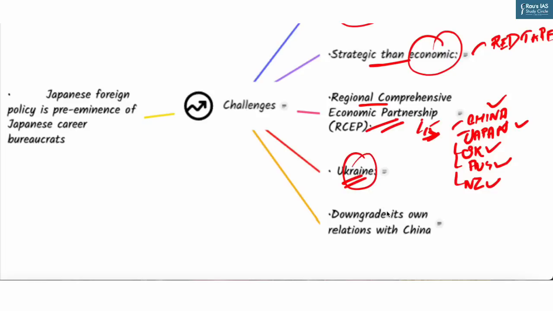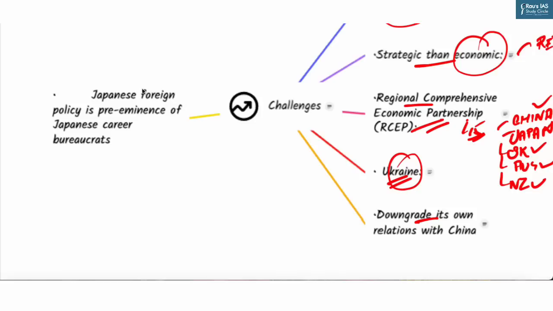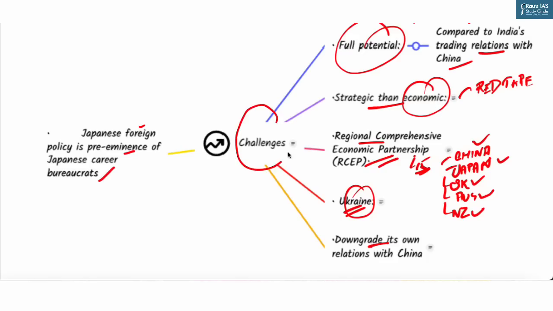Another challenge is that neither of the two countries wants to downgrade its own relations with China, and neither is too eager to open an alliance against China. Also, in Japan's foreign policy, the preeminence of career bureaucrats in the foreign ministry makes radical changes in policy difficult to accomplish. So these are a few challenges between India and Japan.